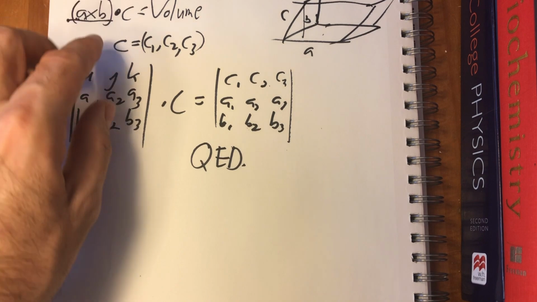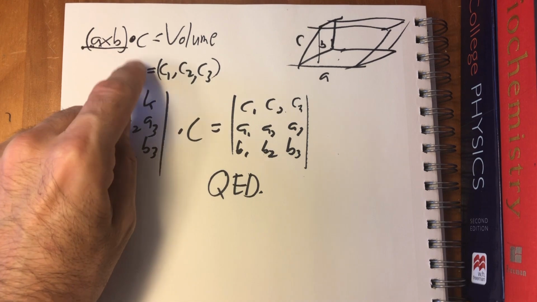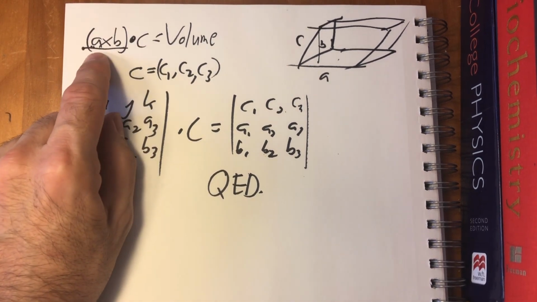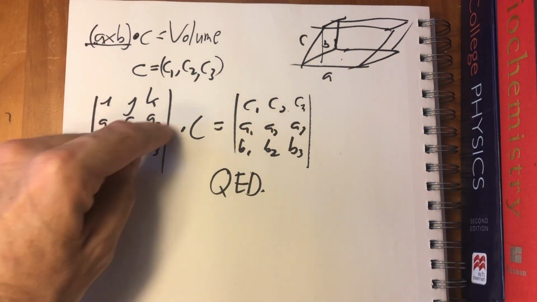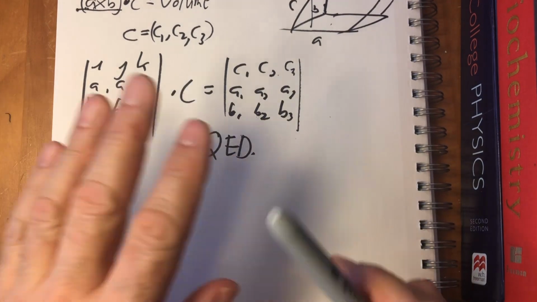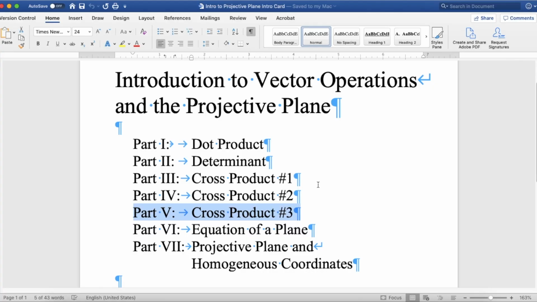It's really about the determinant, because it's really about the volume. And the way to make this work with C, by dotting with C, you need a vector perpendicular that has the area of A. And that's what we get if we do it this way. That's it. So that's the cross product, dot product, and determinant. Okay, and that is it. That finishes our little series on the cross product, and that finishes our little series on vector operations. We've shown the dot product, the determinant, and the cross product. We've justified all of them.